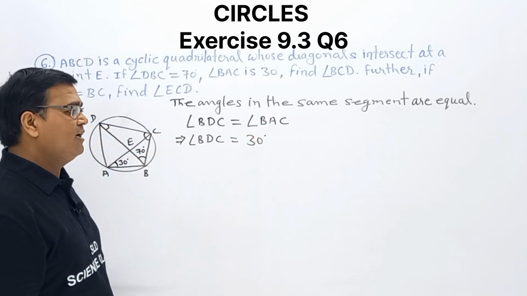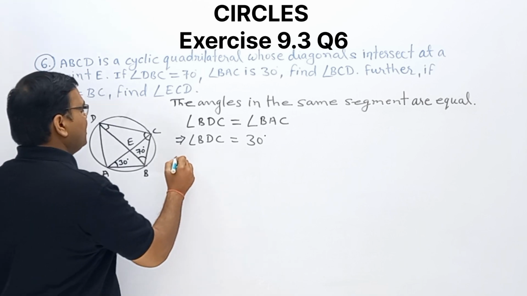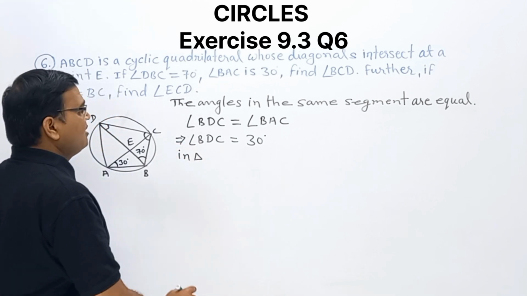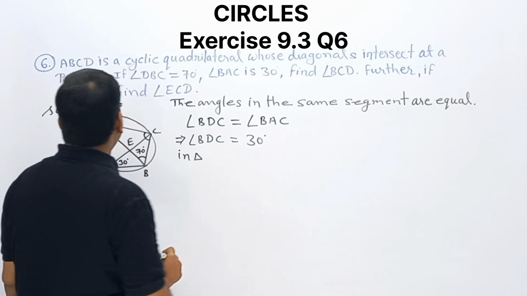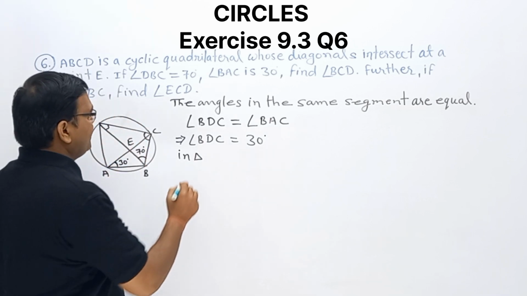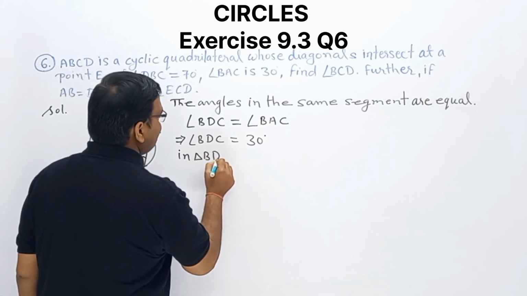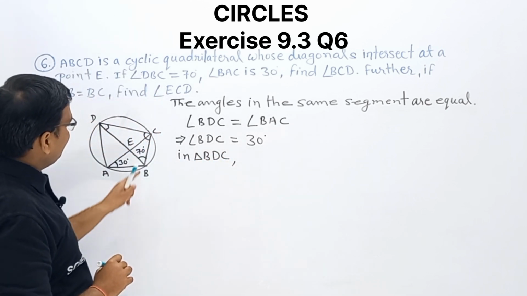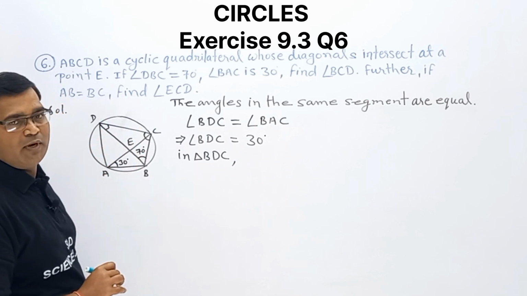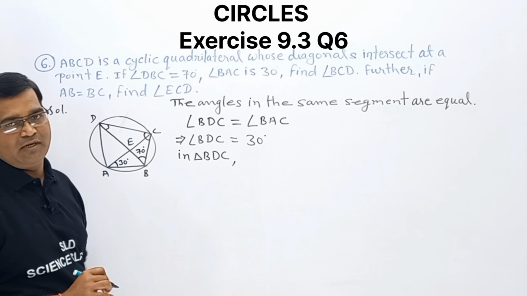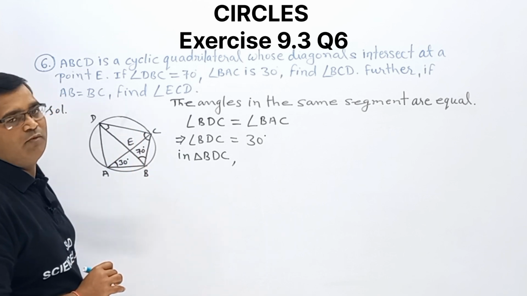Clear? Now in triangle BDC, the sum of all three angles will be 180 degree. Two angles we are having, and the remaining angle we can obtain easily, and this is what we want.